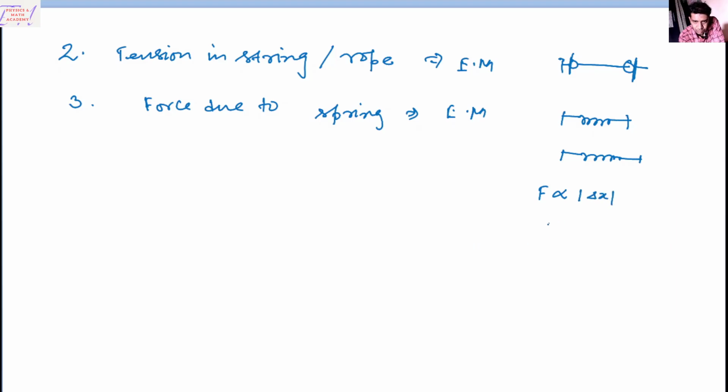F is equal to K into delta x, where delta x measures the increment or decrement, and K is the spring constant. Here the force is all electromagnetic force, obviously, the force due to atoms or molecules of one system on the other system. So this is the overview of electromagnetic force.